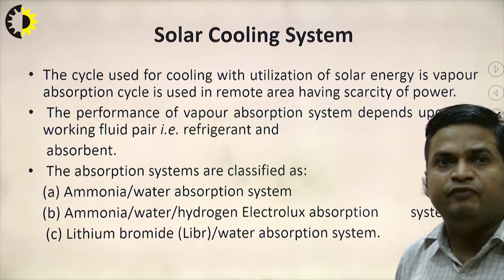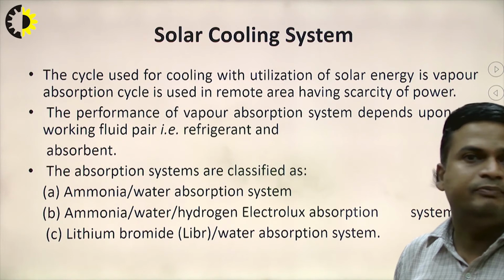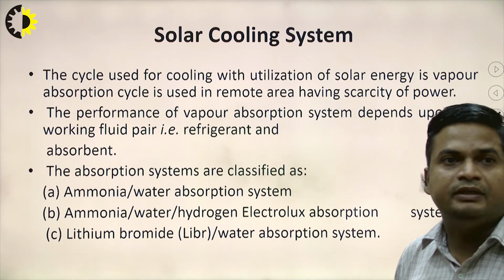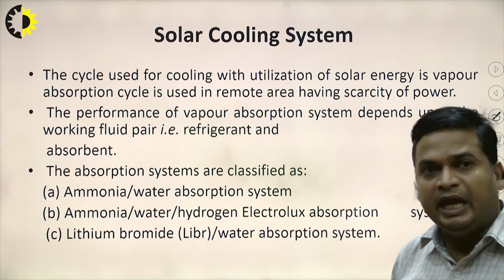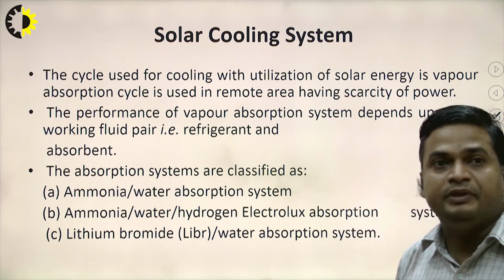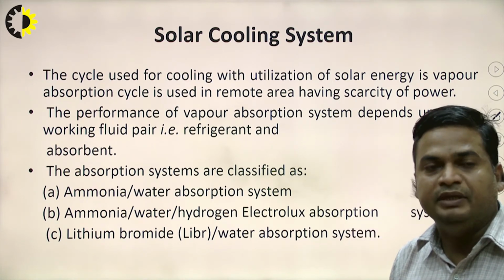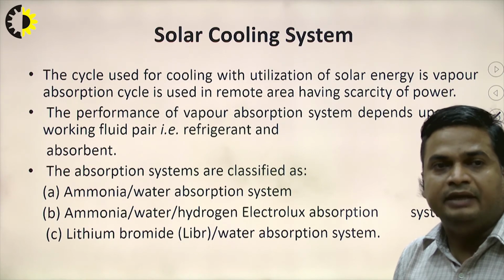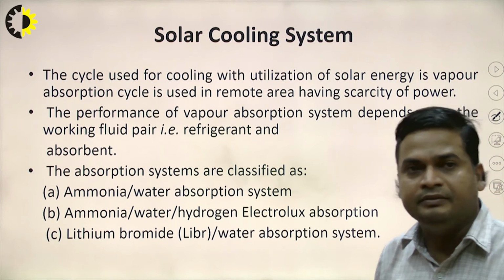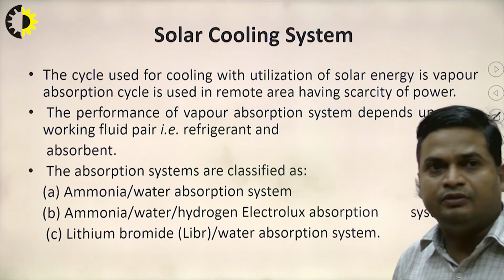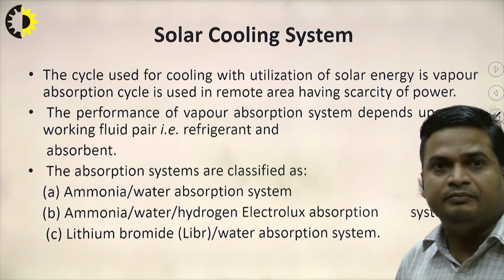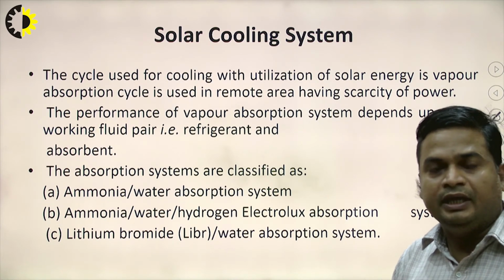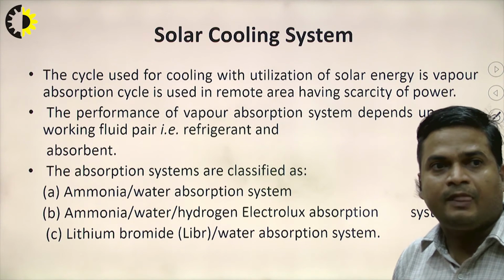The performance of a vapor absorption system depends upon the working fluid pair, that is refrigerant and absorbent. Means absorbent is used to absorb the refrigerant, that is the main working fluid, and there is a loss of energy by some condensation process, and that we can utilize again to circulate the refrigerant in different parts of the system.